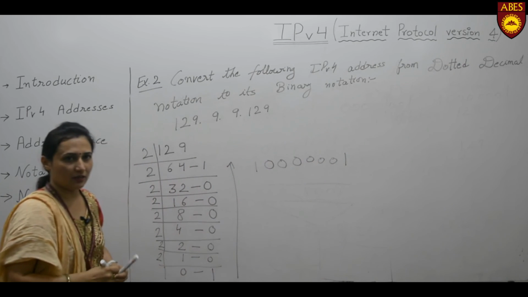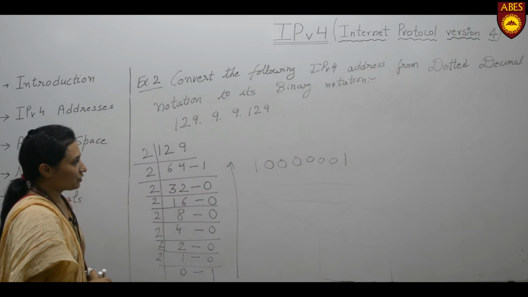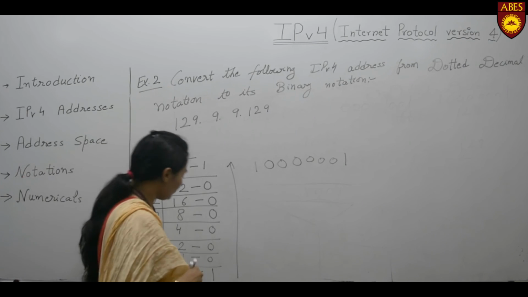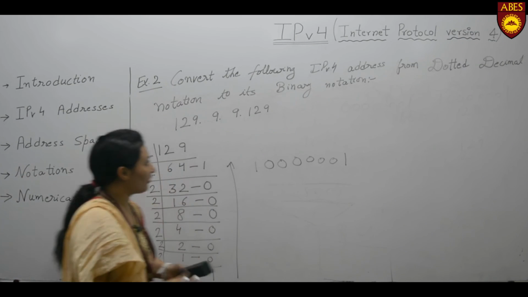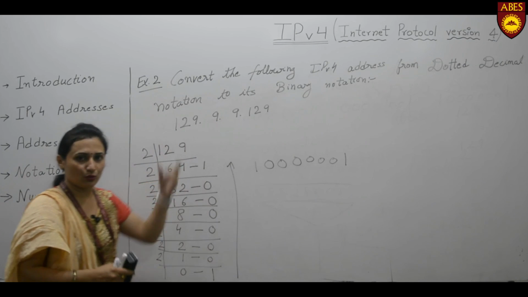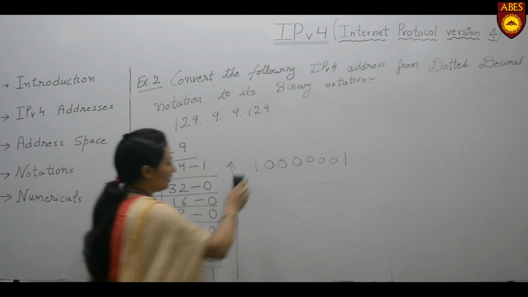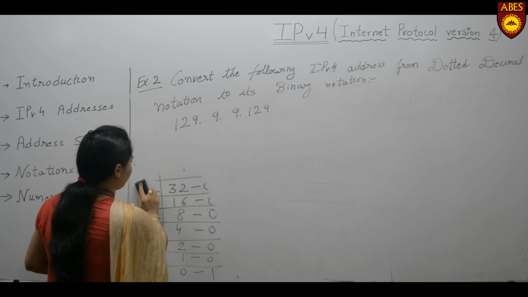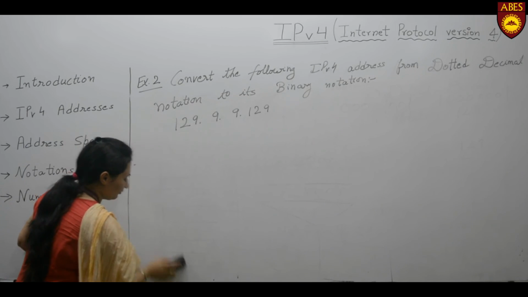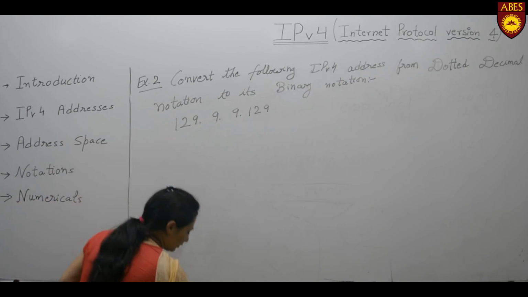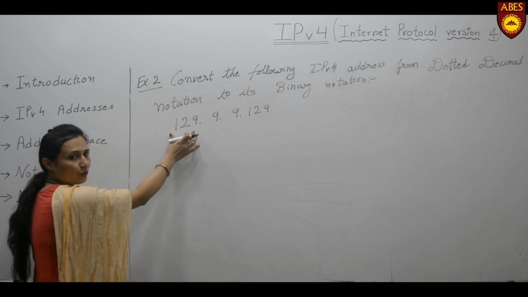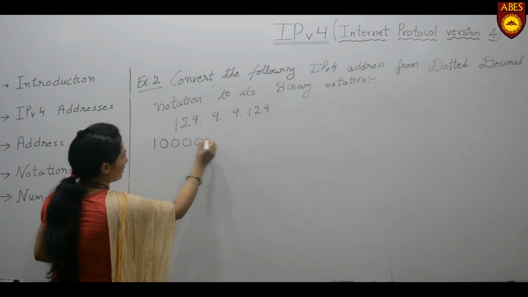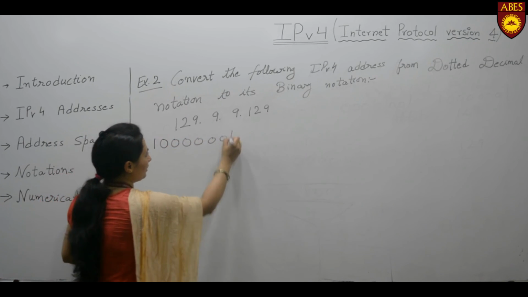So this is the binary notation of this decimal number. Similarly, we have to divide each number by 2 to get the binary equivalent of the number. So we get the binary equivalent of this number as 1 0 0 0 0 0 0 1.